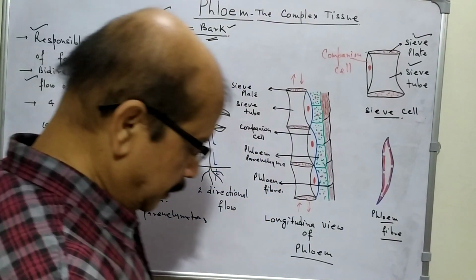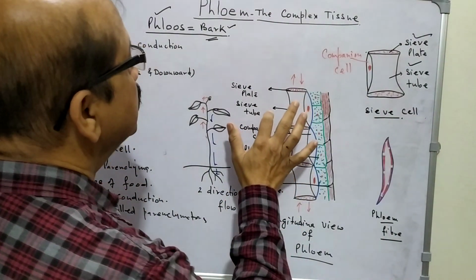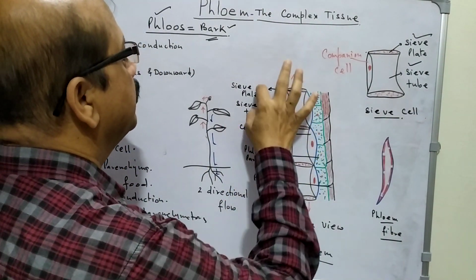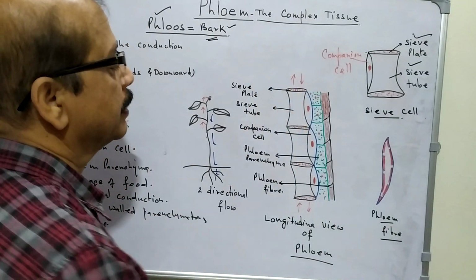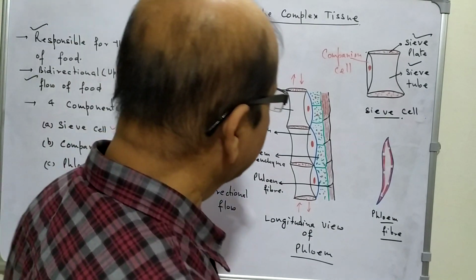So, three components you have completed. First one, sieve cell, made up of sieve tube and sieve plate. Second one, companion cell. Third one is phloem parenchyma.